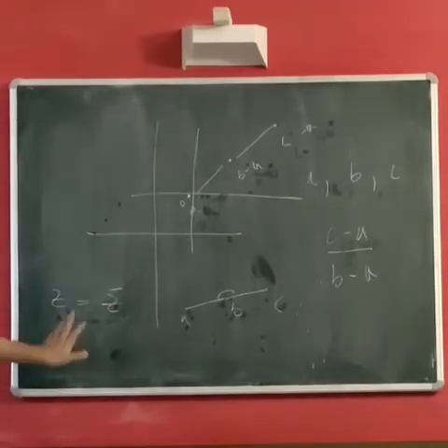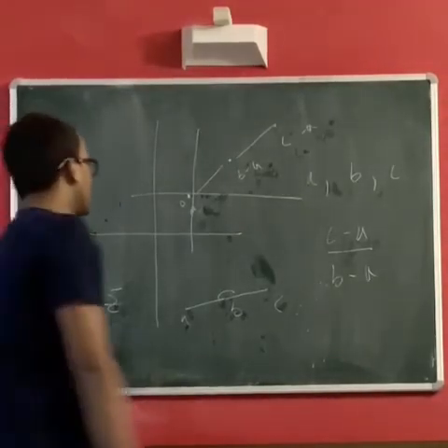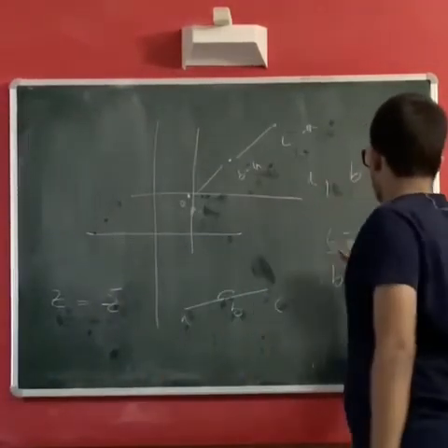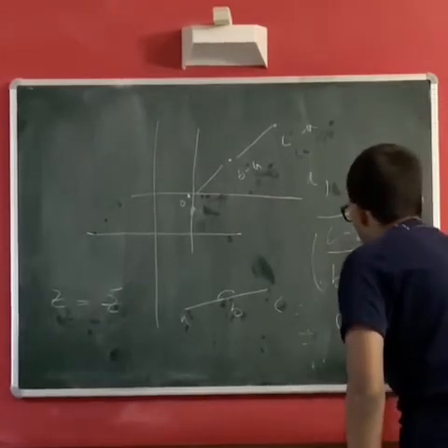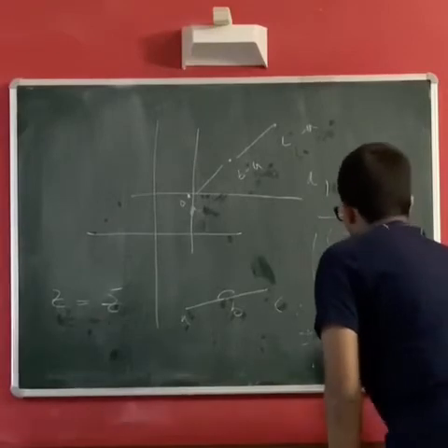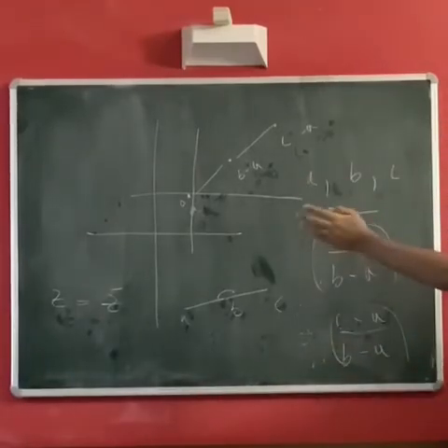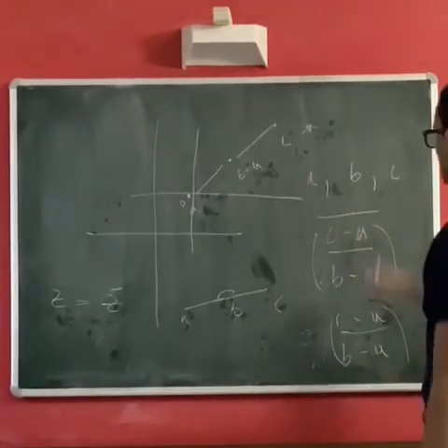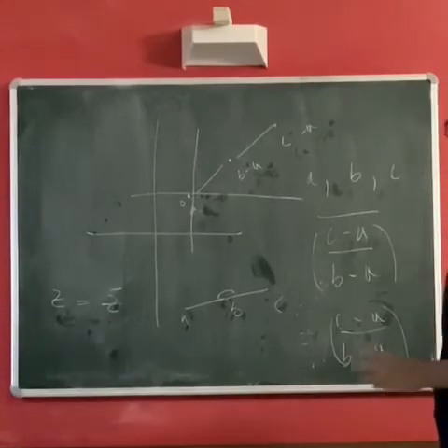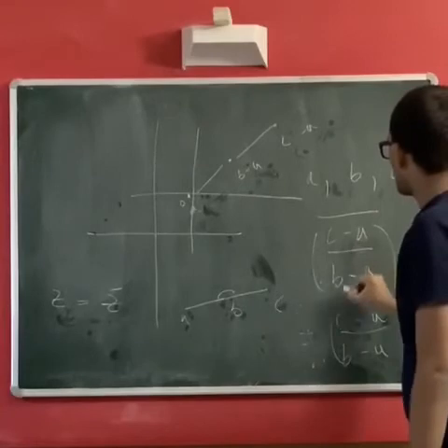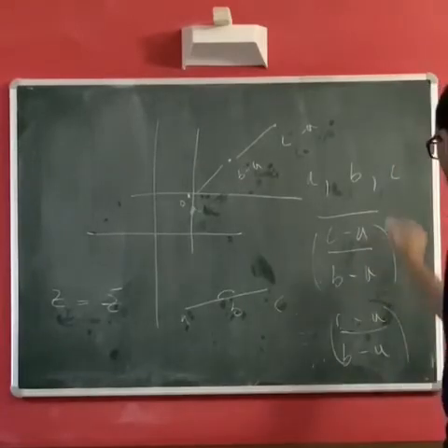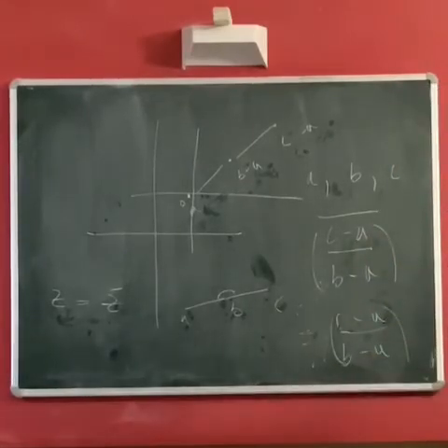You guys can try proving that. So this being real condition can be just written as this equal to its conjugate. And again, using the previously learned steps, you can simplify this condition. So yeah, this is the condition for collinearity: C minus A over B minus A whole conjugate is C minus A over B minus A.